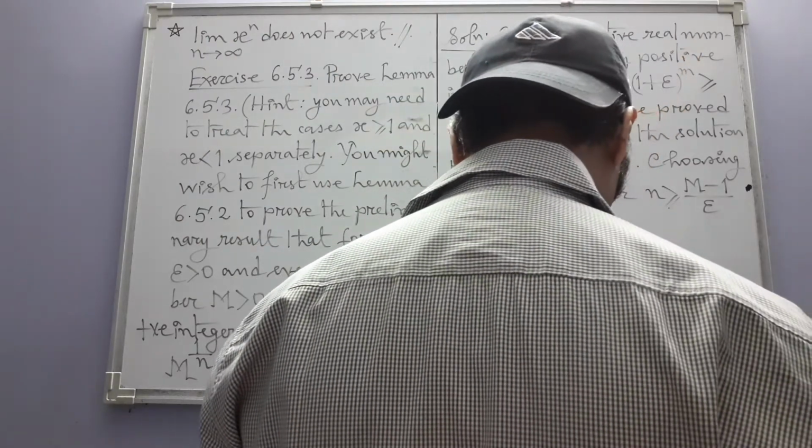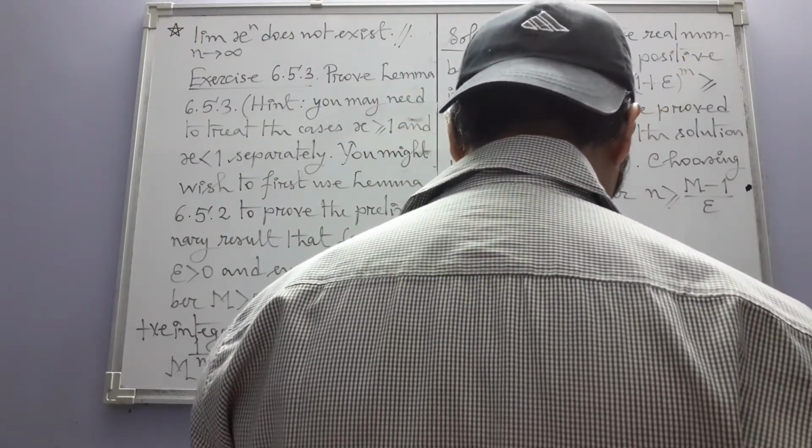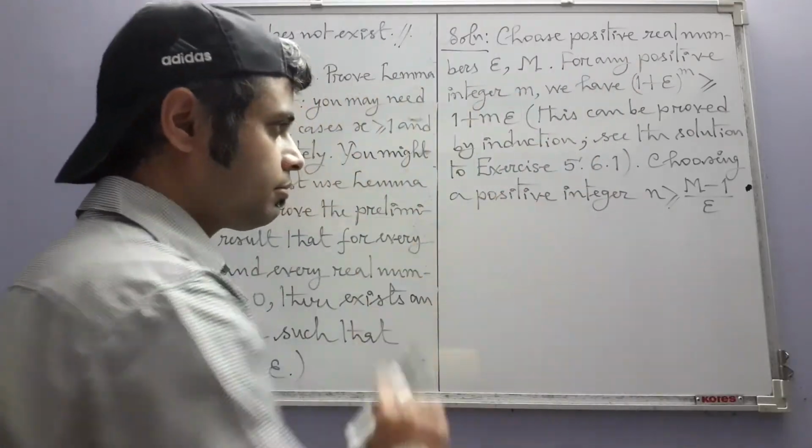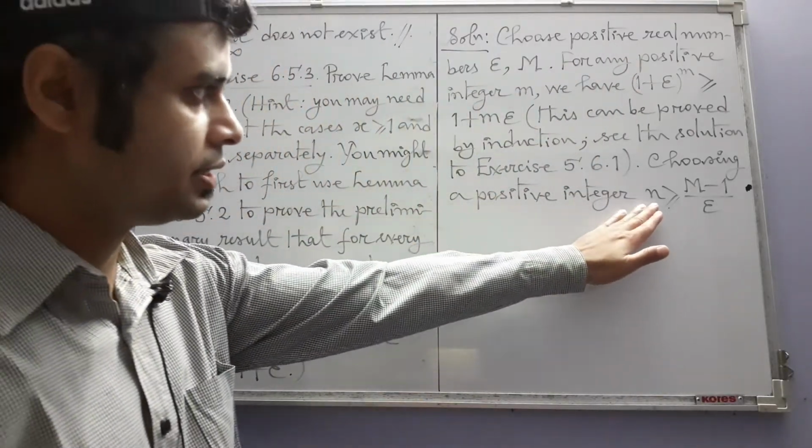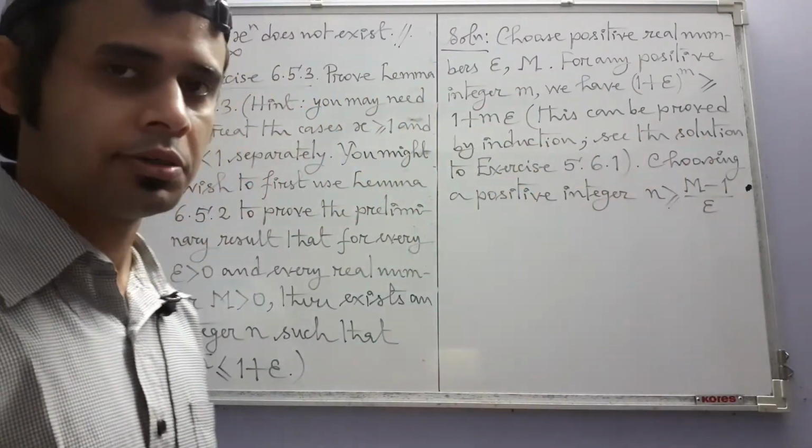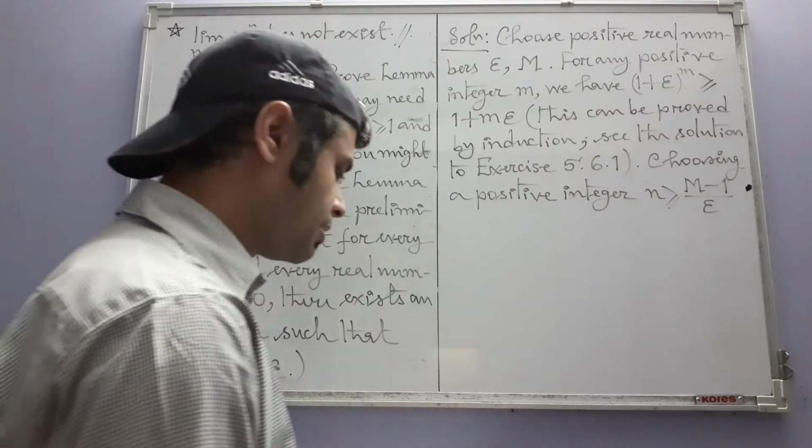So now we choose a positive integer n greater than or equal to this. Then what happens? Let us first see that.